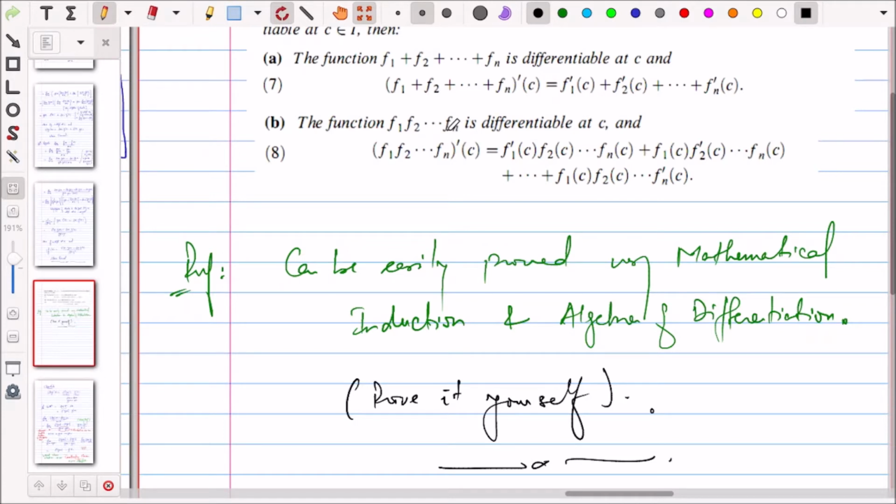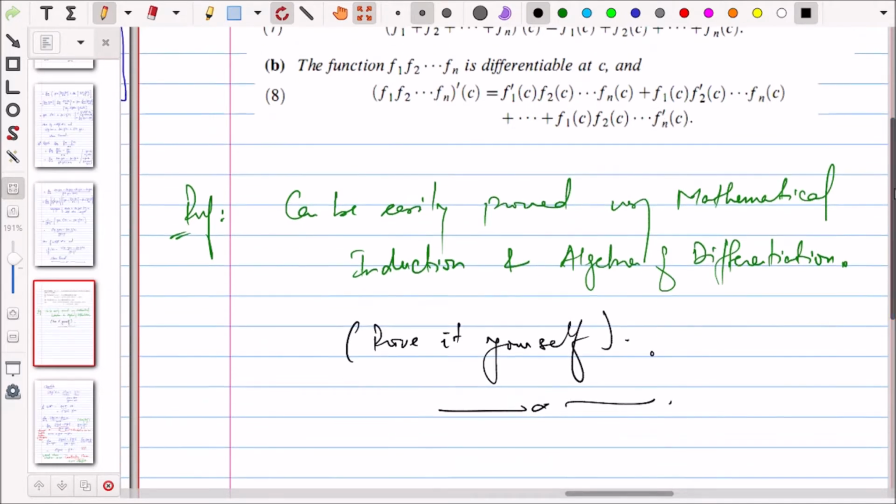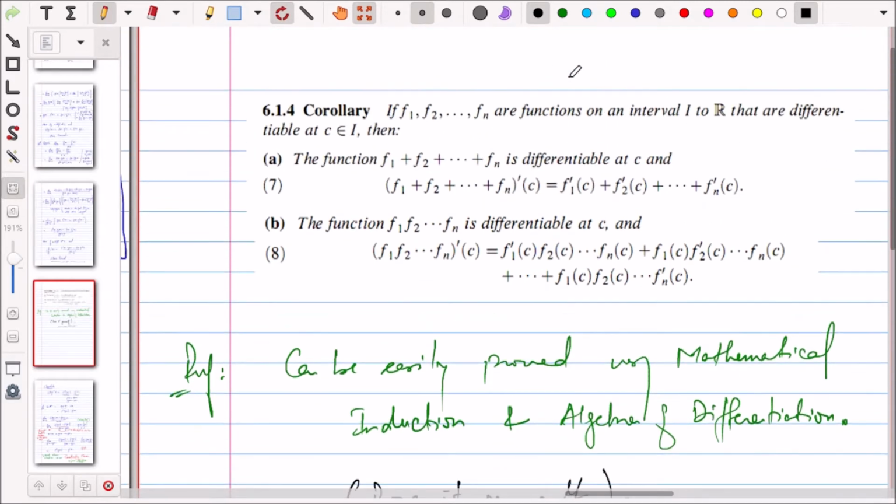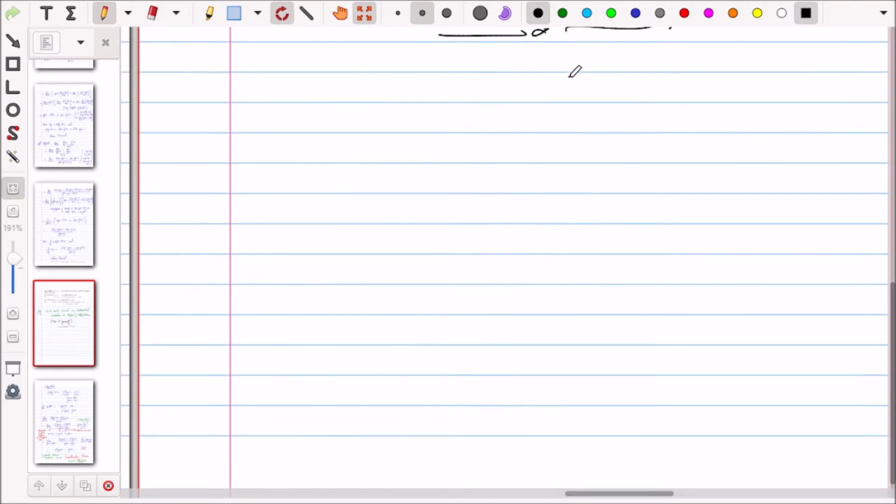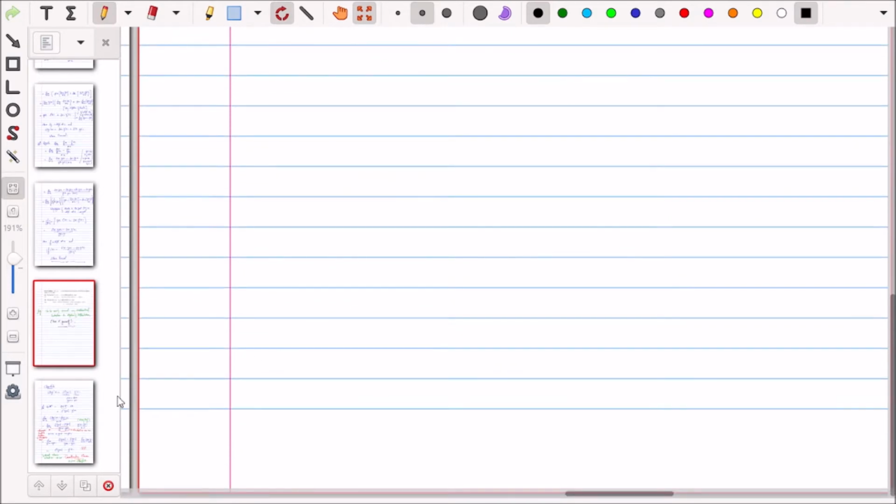And similarly, if you have n differentiable functions f1, f2, fn, and if you take the product of those functions, then that product is also differentiable and the derivative of the product is given by, so you take the derivative of the first function and multiply it with the value of the other functions at that point, and then similarly you apply this n times, okay, and add them, right? So try proving this. इसको induction से try कर लेना prove करने की. It is easy to prove, just try it yourself.